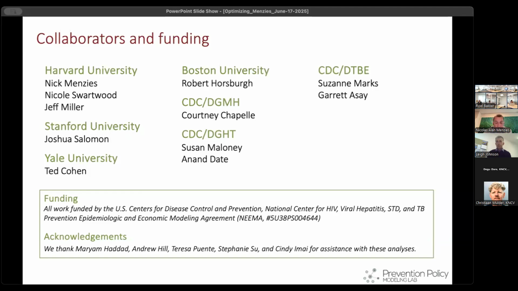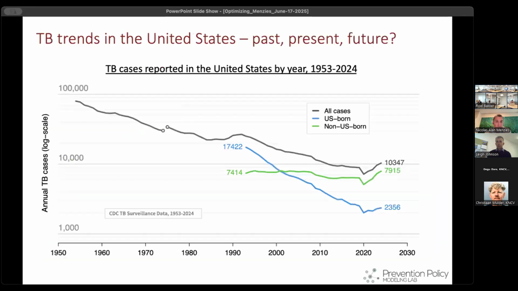But they are very aware of the connection of the US TB epidemic to other countries, and so in this work, we've worked with other divisions, the Division of Global Migration Health, and the Division of Global HIV and TB. So this was a successful collaboration across different CDC divisions.